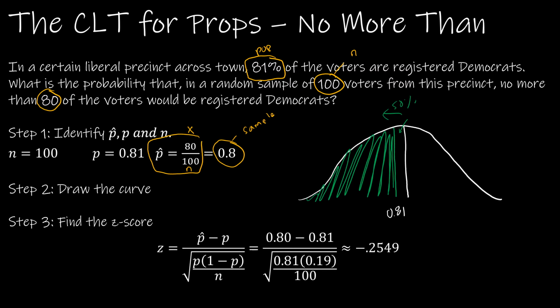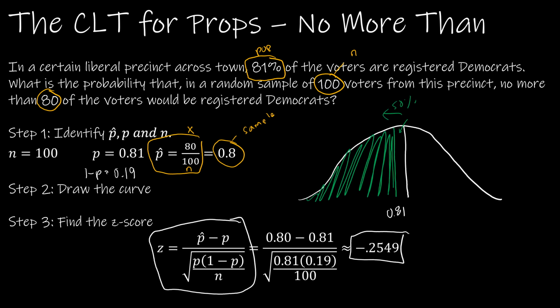So the z-score, again, I'm going to use the z-score formula that says take p hat minus p, p hat being my observed value, so 0.8 minus 0.81, and then divided by the standard deviation, which is the square root of 0.81, that's p, and then remember q, or 1 minus p, that's where I got the 0.19, and then divided by 100. And so my z-score is negative 0.2549.